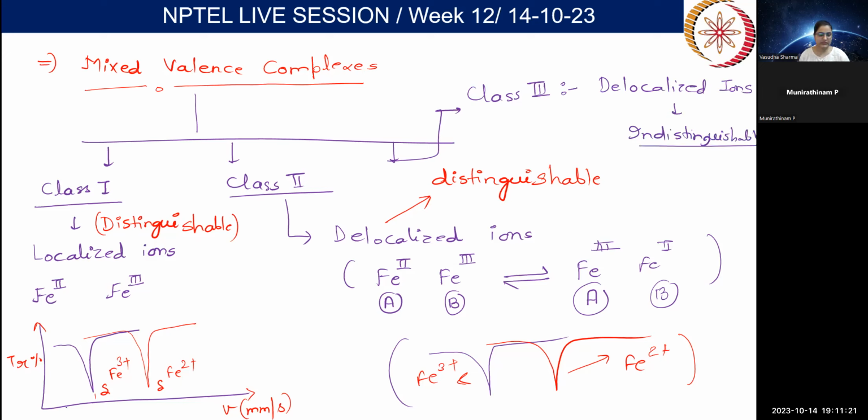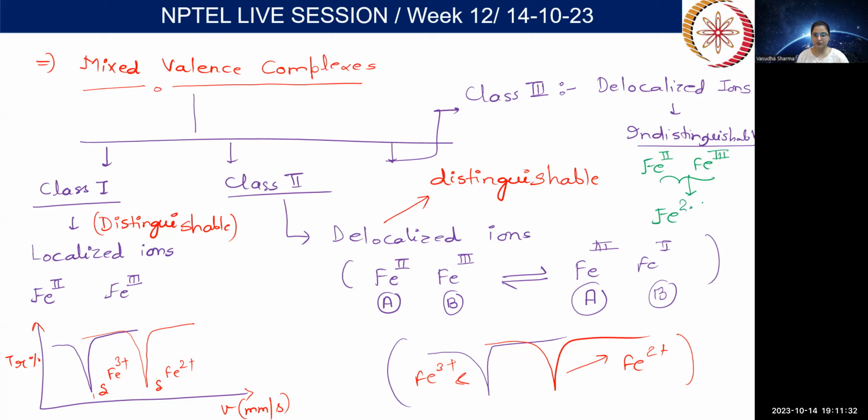In this particular case, iron 2 and iron 3 occur as an average of iron 2.5, so this particular peak appears. When both of them have an average oxidation state of plus 2.5, we will see only one signal.